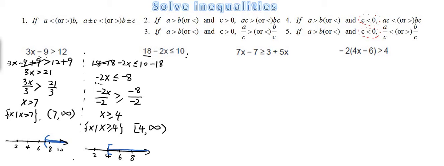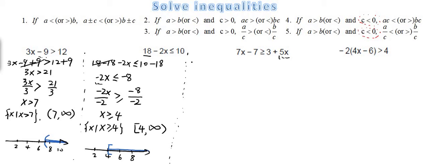Now let's take a look at the third example. For the third example, of course, we can see for both sides we have x variables. So we want to remove all the variables on the right hand side. Remove 5x from the right hand side.